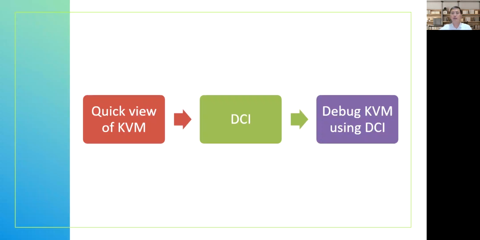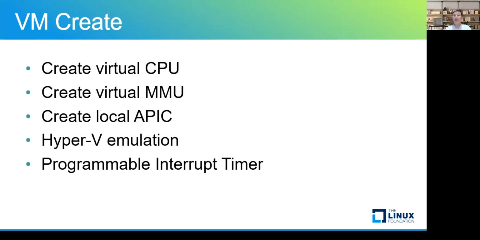After introducing DCI, I will share my experience about debugging KVM using DCI. I will talk about some typical scenarios to do the debugging. For example, debugging VM creation. There are a lot of steps to create a VM.